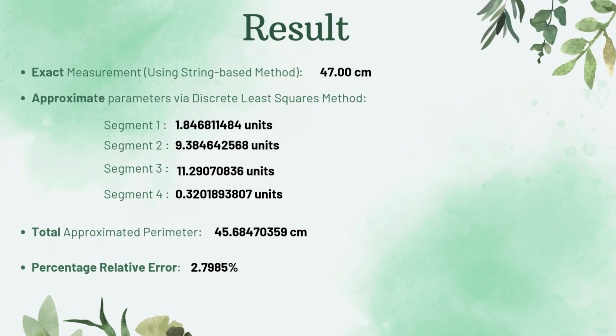And for segment 4, we get 0.321893 units. Next, the total approximate perimeter is 48.68 cm, and the percentage error that we get is 2.7985%.